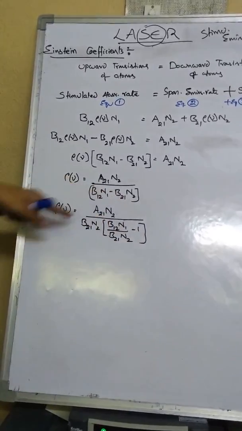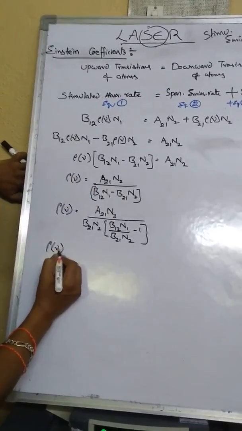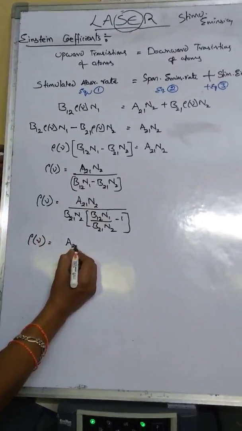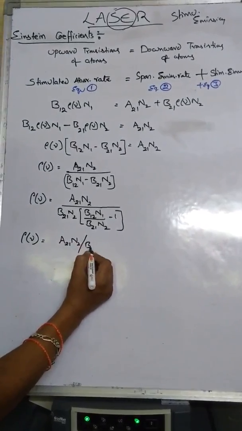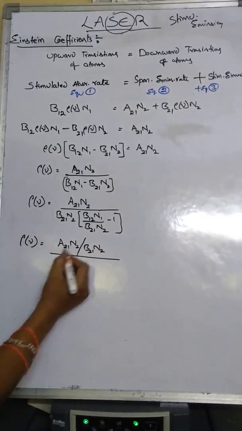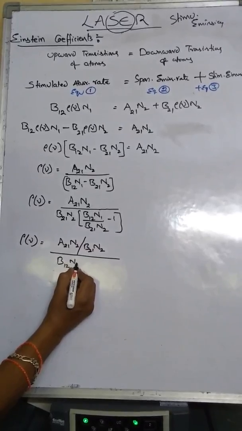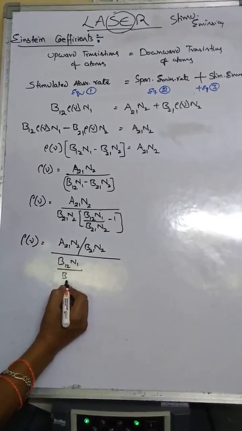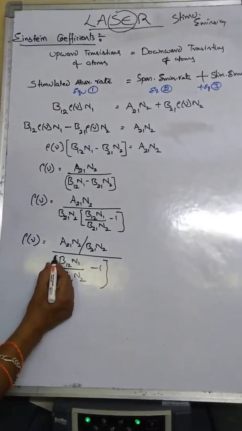Here I had taken out the common term, then I will try to separate it out. Therefore, rho nu is equal to A21 n2 by B21 n2 and B12 n1 by B21 n2 minus 1.